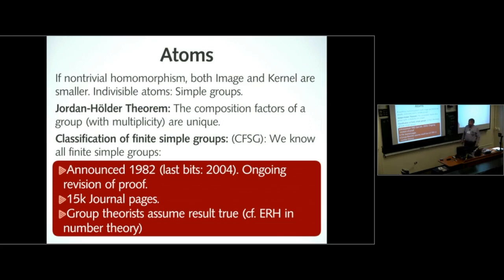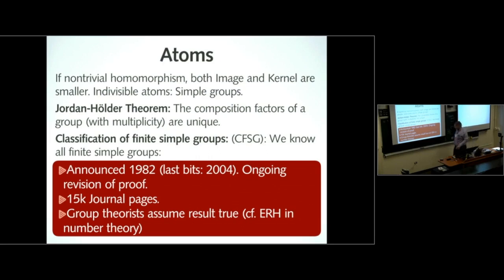It was announced in 1982, but some last bits really were just published in 2004, and you can argue what is the chance that there are mistakes. So there is an ongoing revision, and this classification is basically giving a list. It says, and I'll show you the list in a moment, if you have a finite simple group, it must be one of the following.